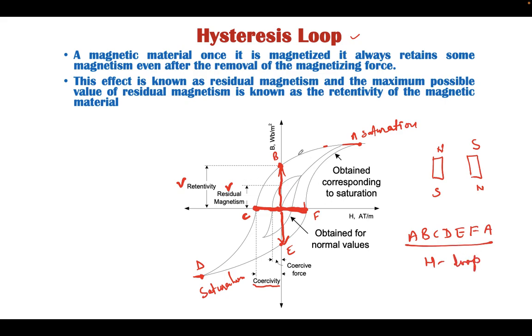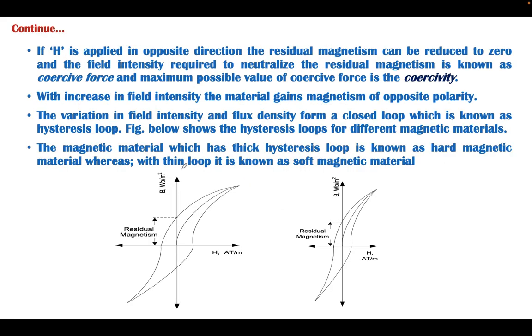Different materials have different loops, and depending upon whether the loop is thick or thin, the magnetic material is classified. The material which has a thick loop is a hard magnetic material. The material which has a thin loop is a soft magnetic material.